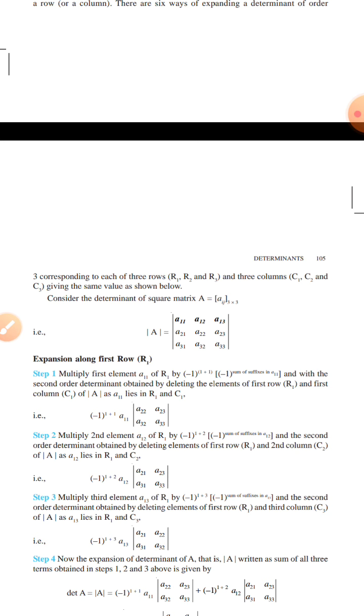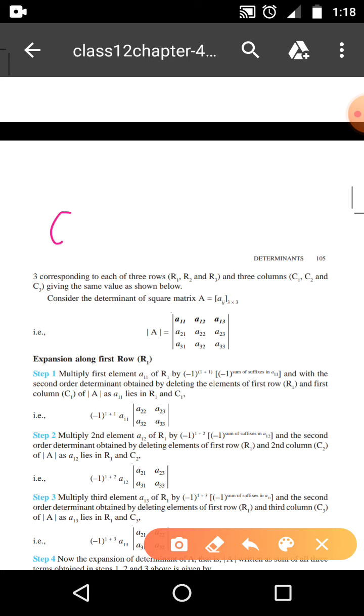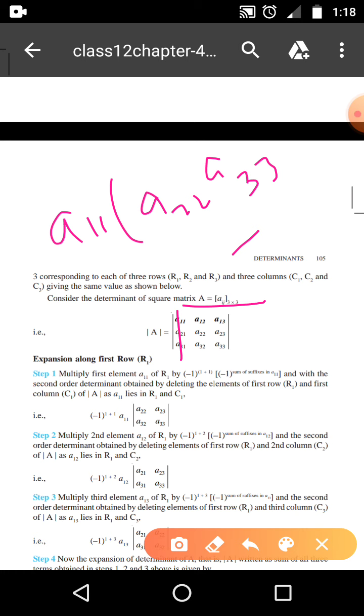The determinant of A is nothing but a11 into, leaving this particular row and this particular column, a22 a33 minus a32 a23.